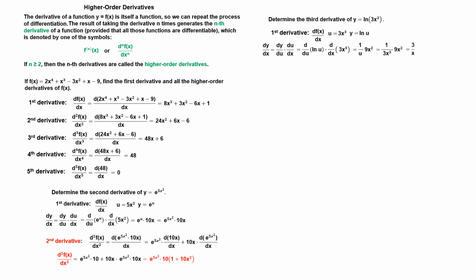To compute the second derivative of this function, we apply simply the quotient rule. In order to compute the third derivative, it is convenient to write this function as a negative power, so as to avoid the quotient rule. Then we apply simply the power rule.